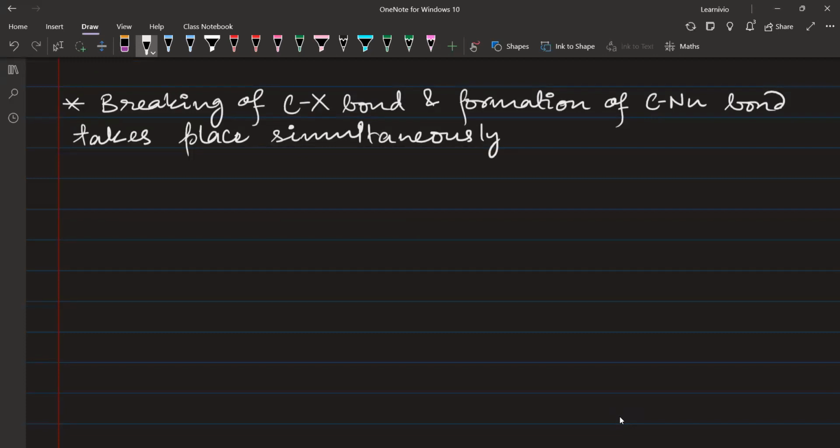Write this point, breaking of CX and formation of C-Nu bond takes place simultaneously. अब आप लोग छोड़ दीजिए, पेन छोड़ दीजिए.